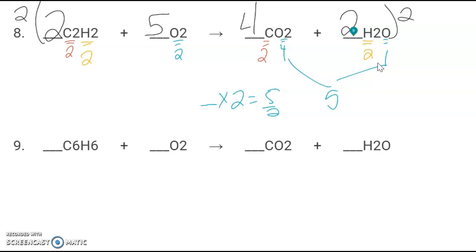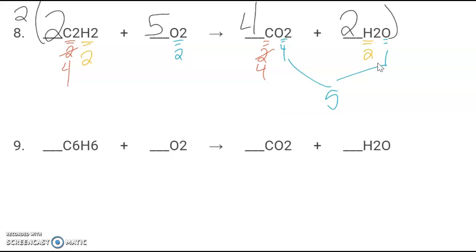Now we're going to double check to see if that doubling did what we needed it to do. So for our carbon now, 2 times 2, so we have 4 on our reactant side. 4 times 1, we have 4 on our product side. So carbon looks good. So far so good.